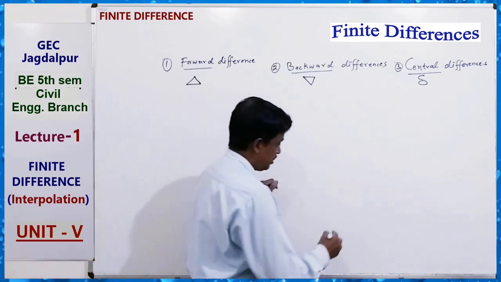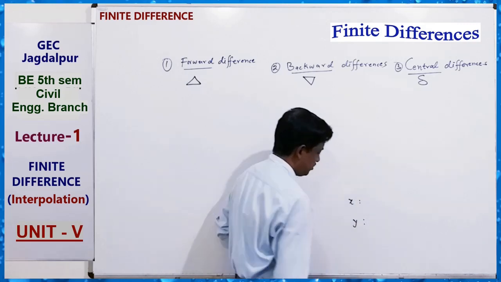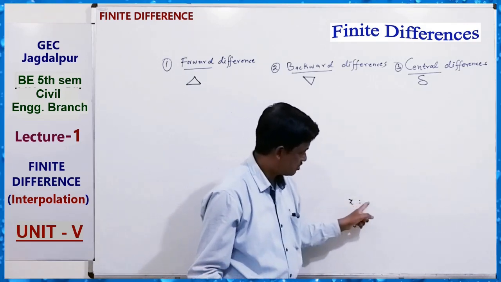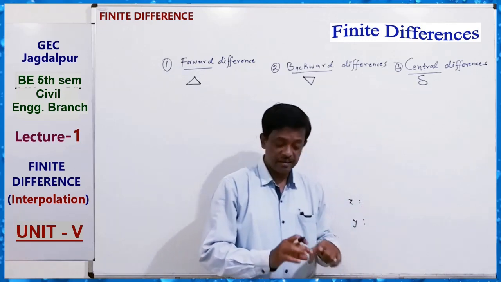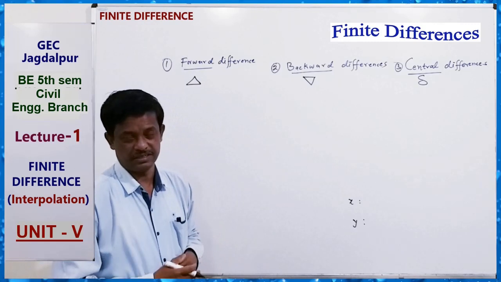We know whenever we have a table of x and y, maybe the values of x are at equal intervals, at an equal distance.